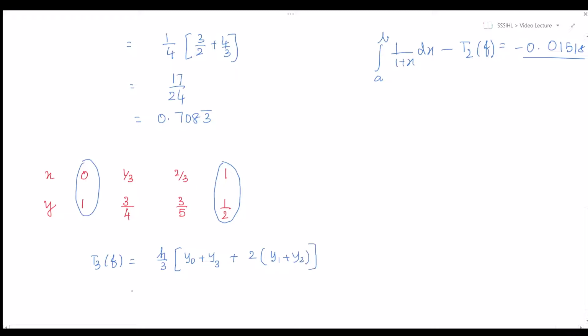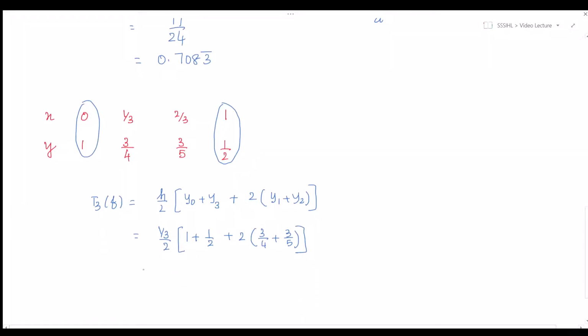Here h is 1 by 3, so 1 by 3 by 2 into y naught, which is 1, y3 is 1 by 2, plus 2 into y1, which is 3 by 4, y2 is 3 by 5, and on simplifying this we have 0.7.